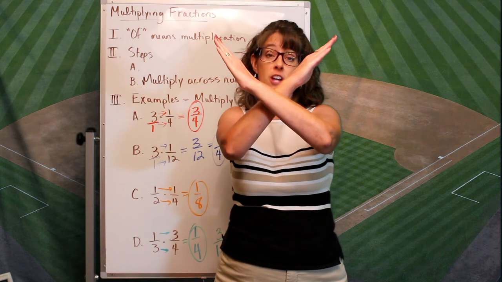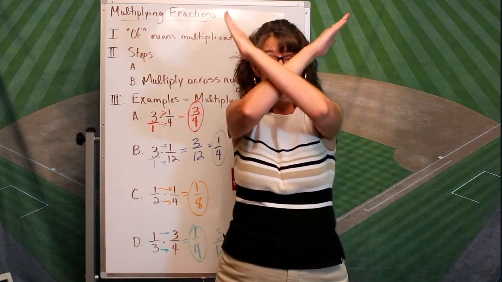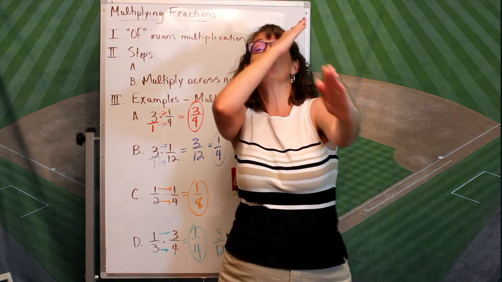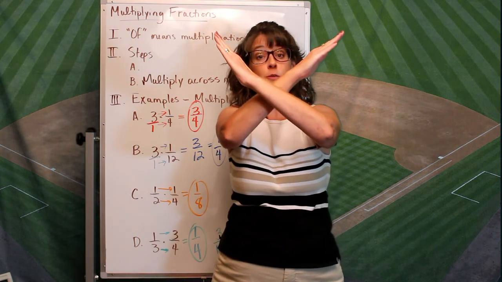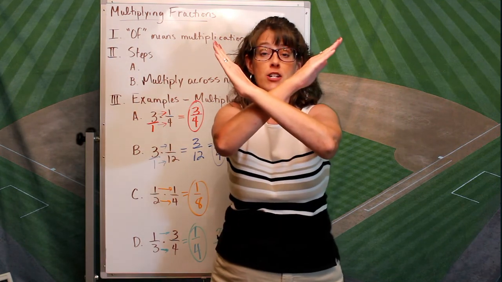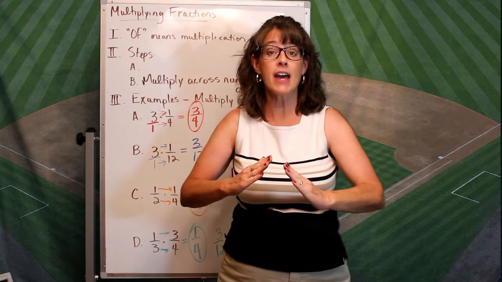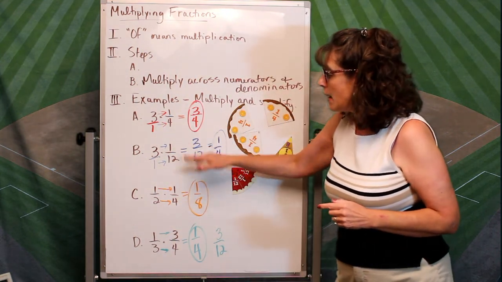Now what you have done is you have created diagonals. And so therefore, when you multiply fractions, and the X is for multiplication, you're going to cancel on those diagonals. And see, that's exactly what's happening in this problem.